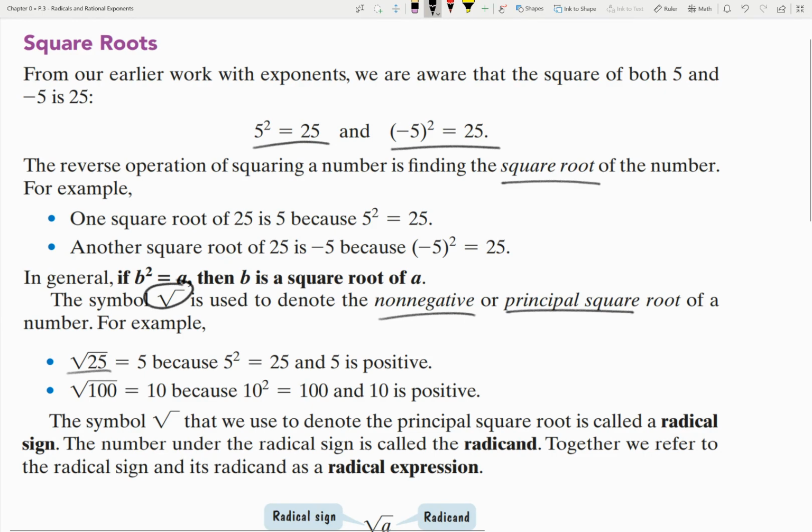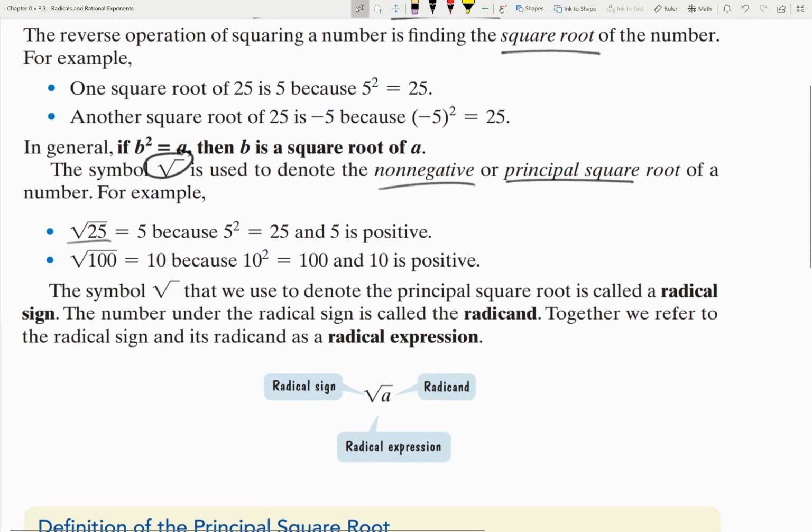Even though 25 has 2 square roots, by using the symbol, we are talking about only the positive one. The radical symbol that we use to denote the principal square root is called the radical sign, and the number under the radical sign is called the radicand. Together, it's called a radical expression.